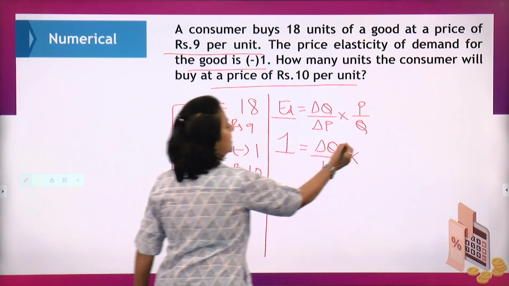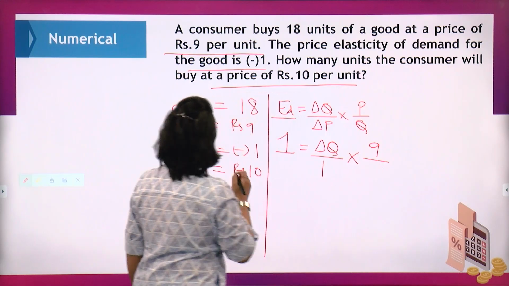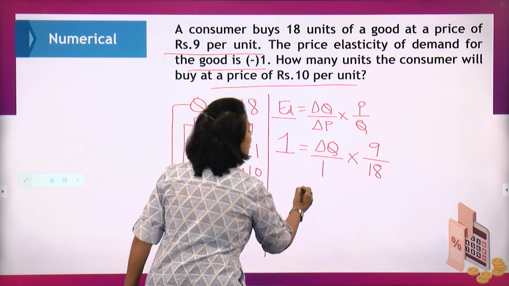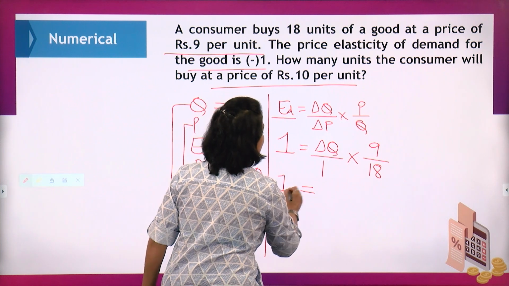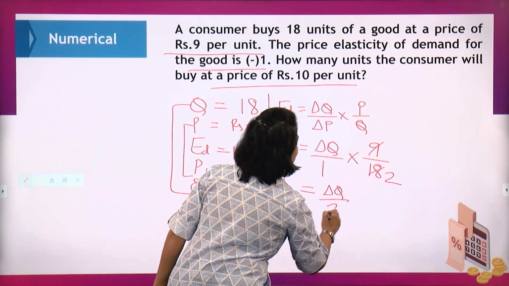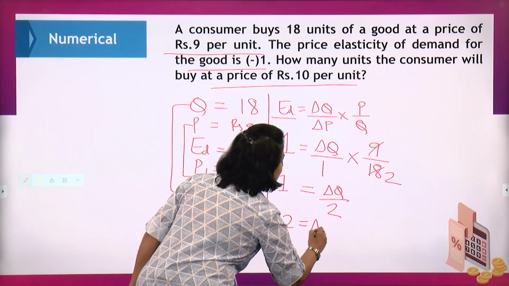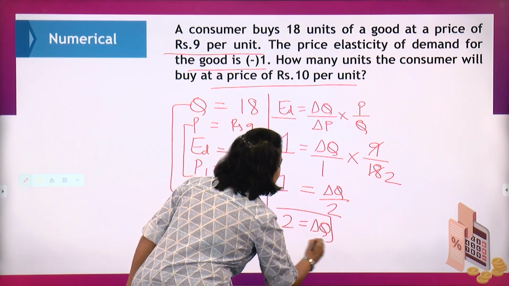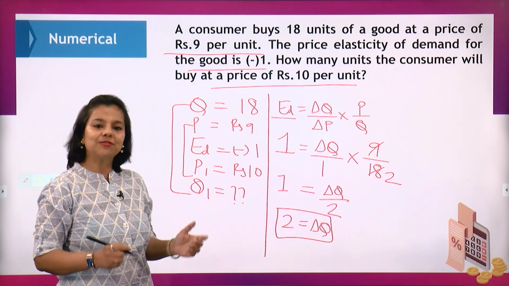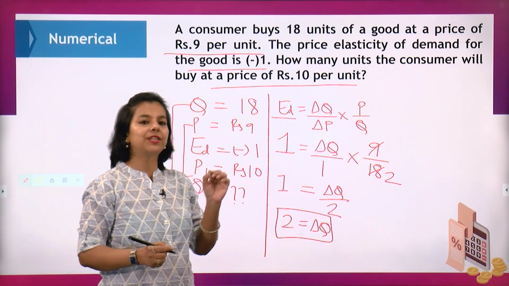Original price is 9 and original quantity is 18. By solving this, I will get change in Q as 2. So change in Q is 2. But this is not the final answer, as we need to find out the new quantity demanded.